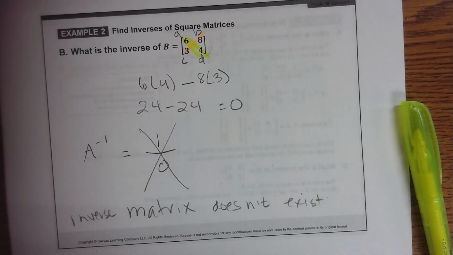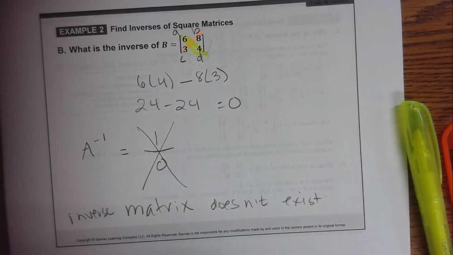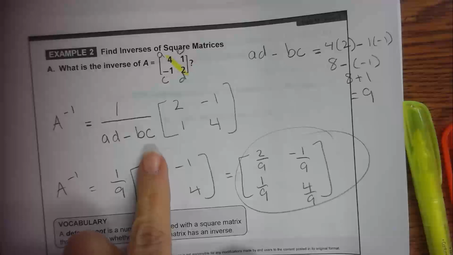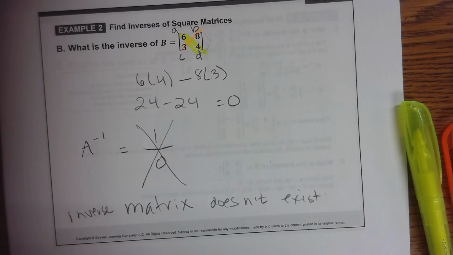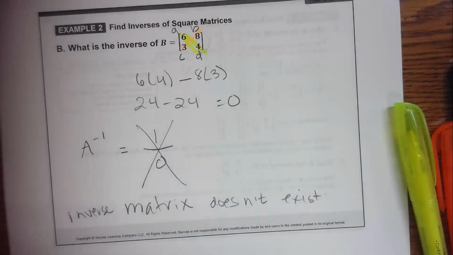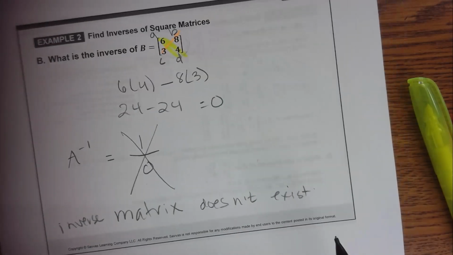Okay. So you'll be required to do a 2 by 2, finding the inverse of a 2 by 2 matrix by the process that we did here, or using the system of equations, depending on what the question asks for. Now, there is also finding the inverse of a 3 by 3 matrix, but that's tedious to do by hand.